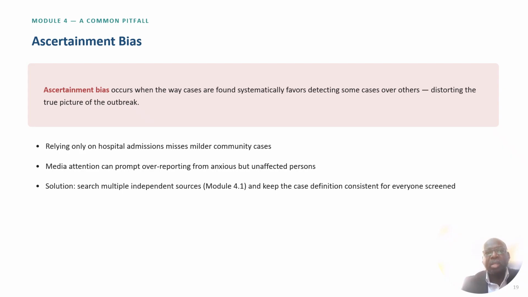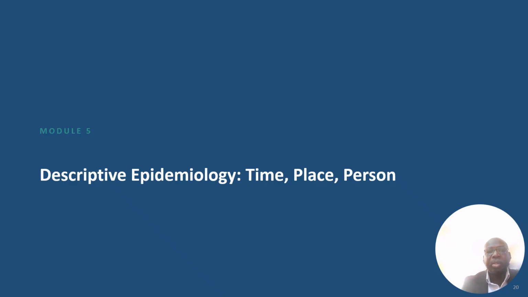The solution is to search multiple independent sources and also keep the case definition constant for everyone screening. That's why the case definition should be sensitive, and at the same time simple, and recognizable in a way that helps even the community to identify and report the cases.